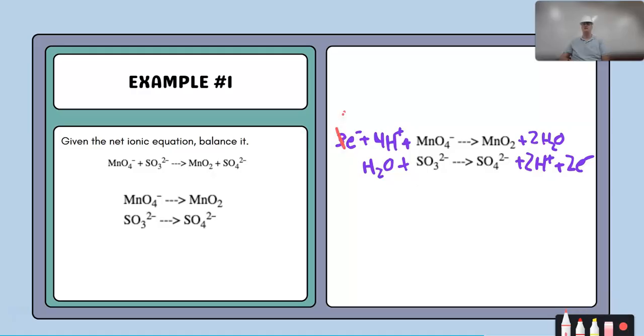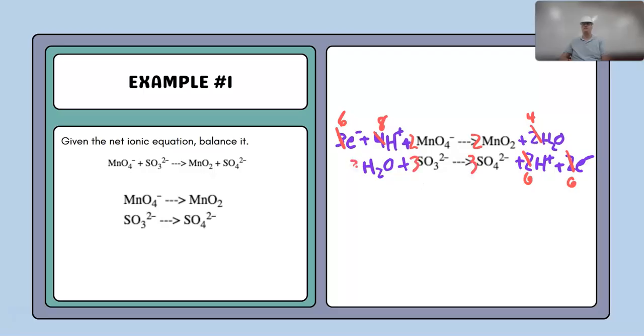So I need to multiply everything on the top times 2. So 8. Don't forget these guys here. The bottom I need to multiply times 3 in order to be also 6. So 6. Remember, this is 3, 3, and 3. So now I can cancel out things that are the same on either side.